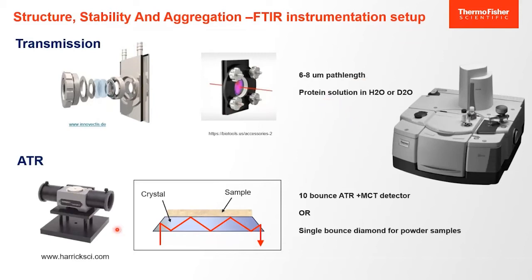But what we will do today is look at ATR, and we will use both multi-bounce ATR as well as single bounce ATR. Multi-bounce and single bounce ATRs are among the more popular methods for analysis nowadays because of ease of use, ease of cleaning, as well as the opportunity to retain the sample after the experiment is completed.